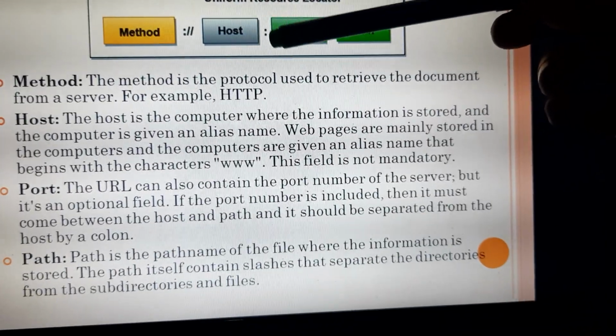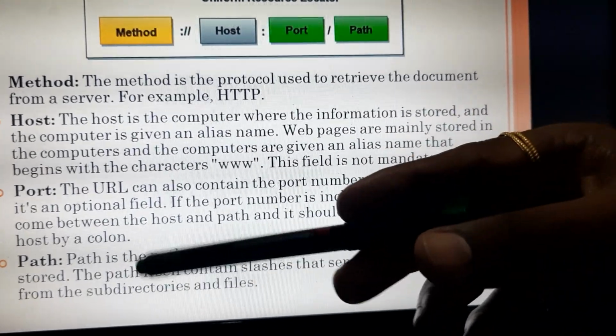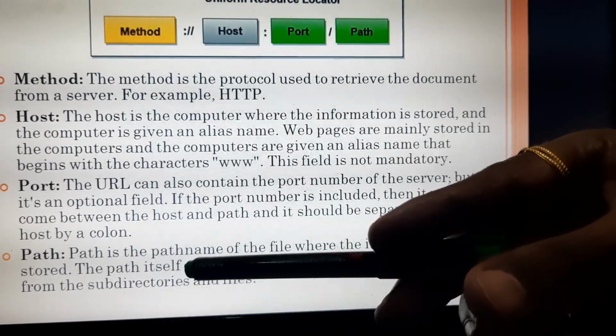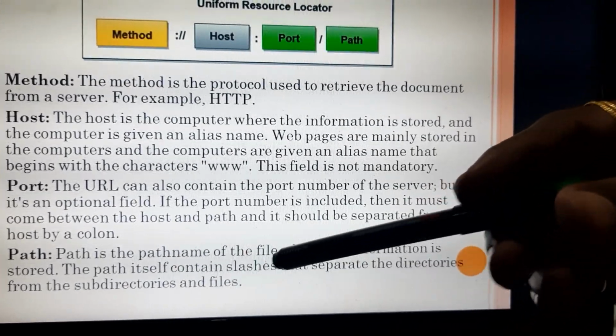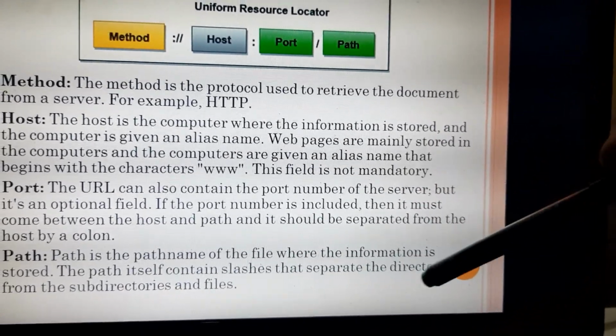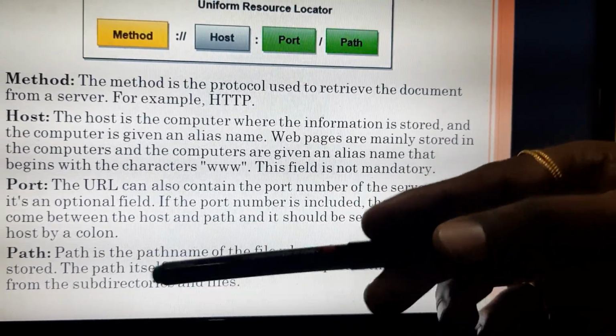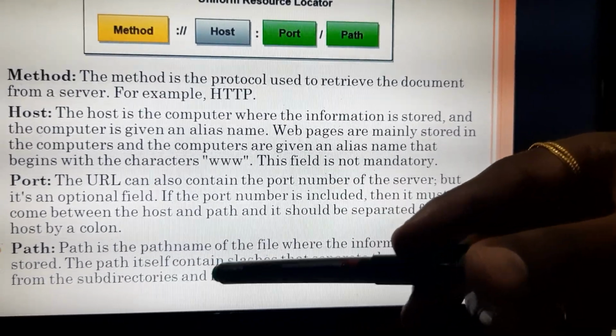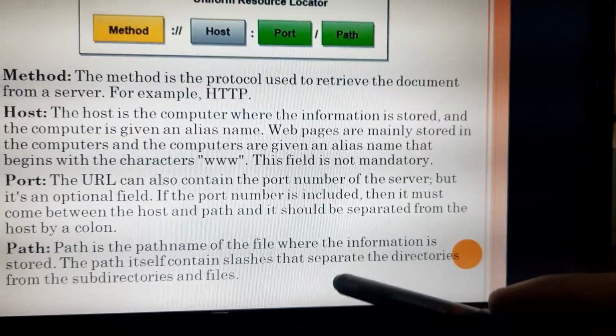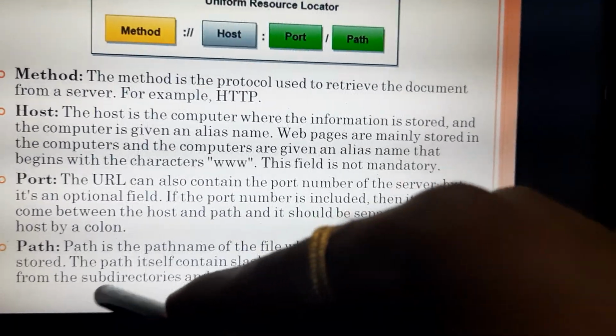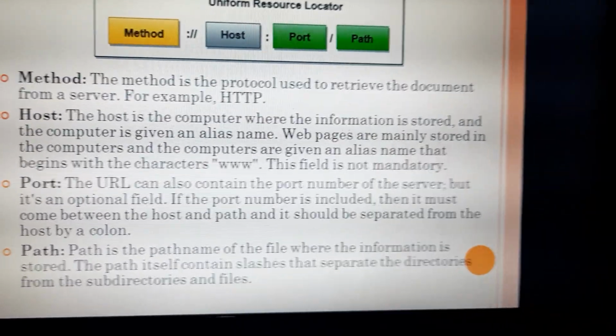So we have mentioned it here, colon. Now, path is the path name of the file where the information is stored. The path itself contains the slashes that separate the directory from the subdirectory and files.